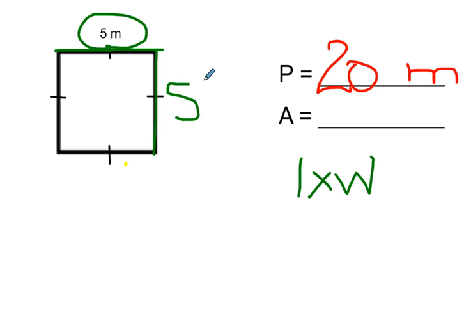It's also 5. So length times width is 5 times 5. So our area of the square is 25, not centimeters this time. Watch out, because sometimes they do that to trick you. It's 25 meters squared. We always need that little squared symbol when we're finding area.